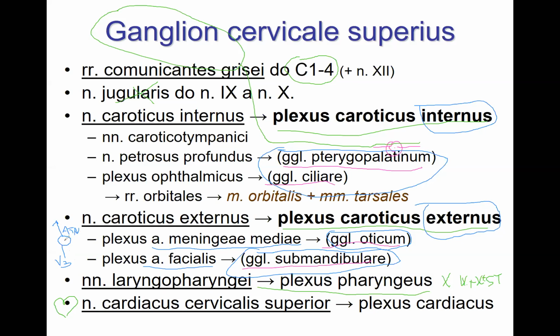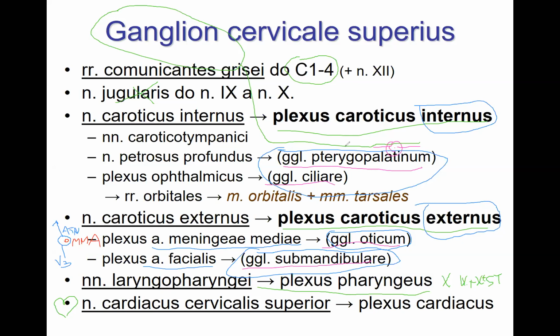And the vessel here is the middle meningeal artery. So you can see it forms a close loop around it. During development, the artery grows through the fibers of the nerve. And that's why this artery supplies this ganglion, which is just close to it.